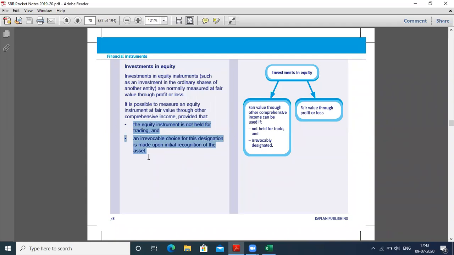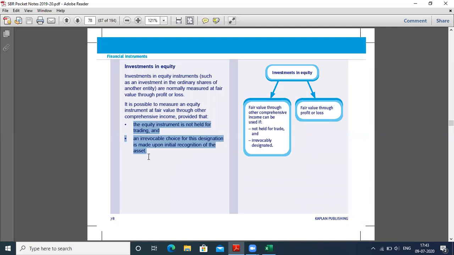The first condition is the equity instrument is not held for trading. Second condition is an irrevocable choice for its designation is made upon the initial recognition of the asset. The most important statement: an irrevocable choice for this designation is made upon the initial recognition of the asset.